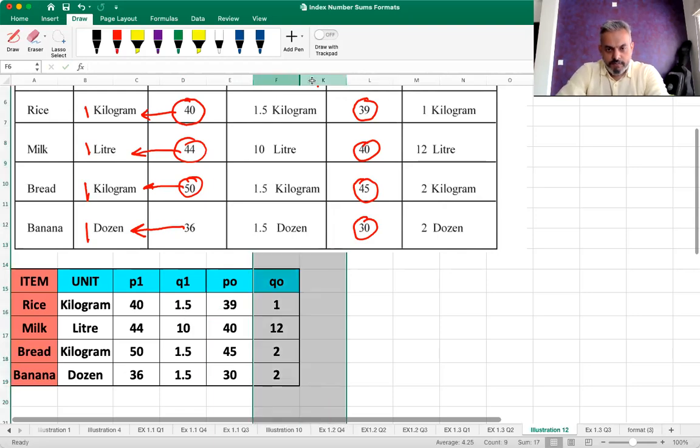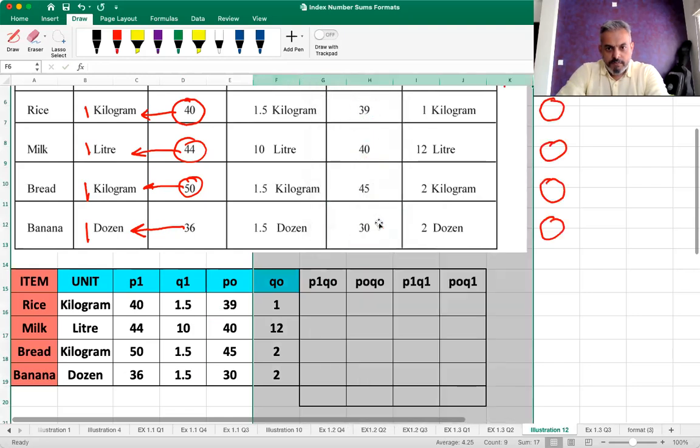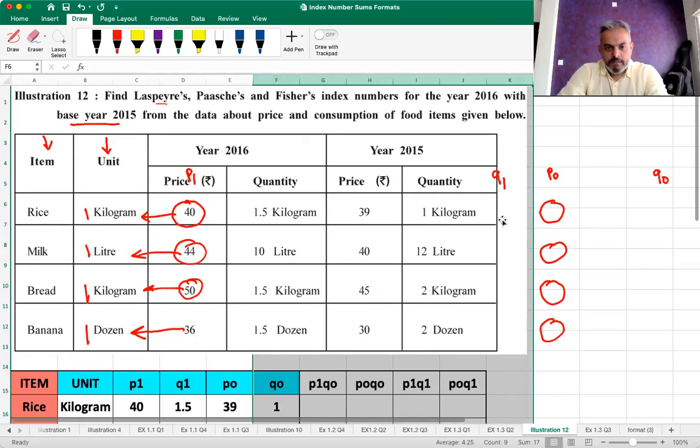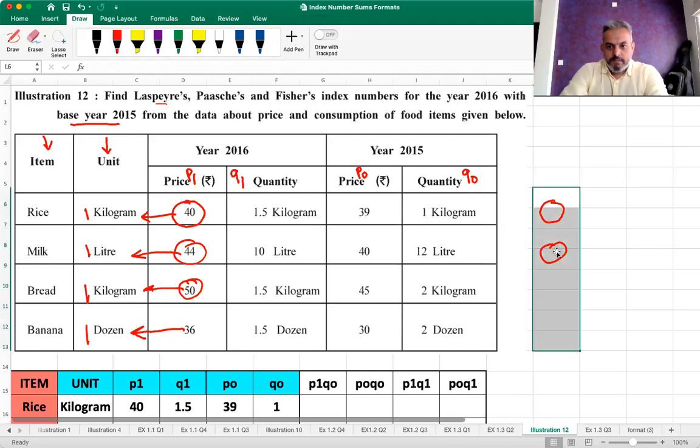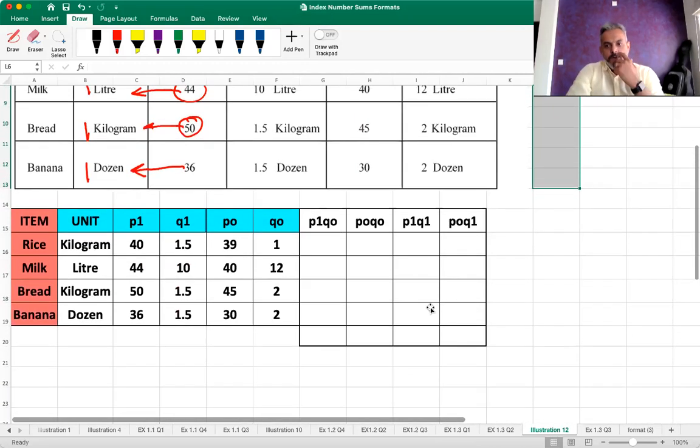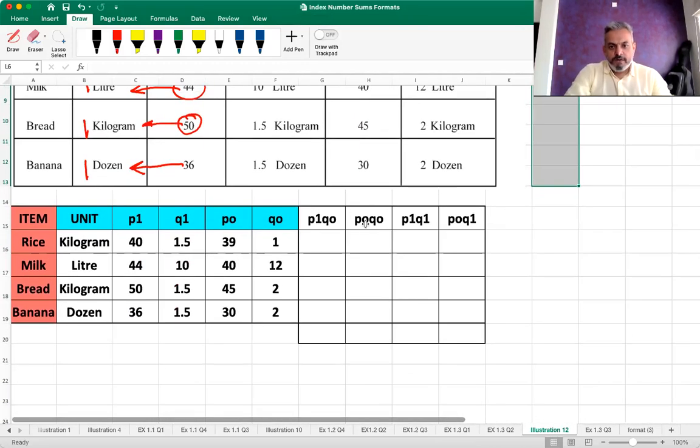Now, you have to make these 4 columns: P1Q0, P0Q0, P1Q1, and P0Q1.